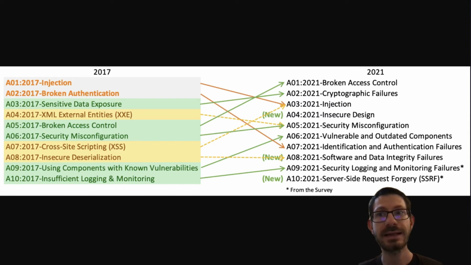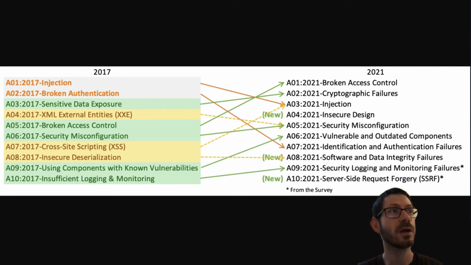I remember I was really surprised in 2017 that XML external entities had a category of their own, and the 4th one, because I don't think that most modern applications do a lot of XML parsing. Well, personally, I haven't seen a lot of them, so I'm not surprised that the category disappears now. And I think it's a great signal.